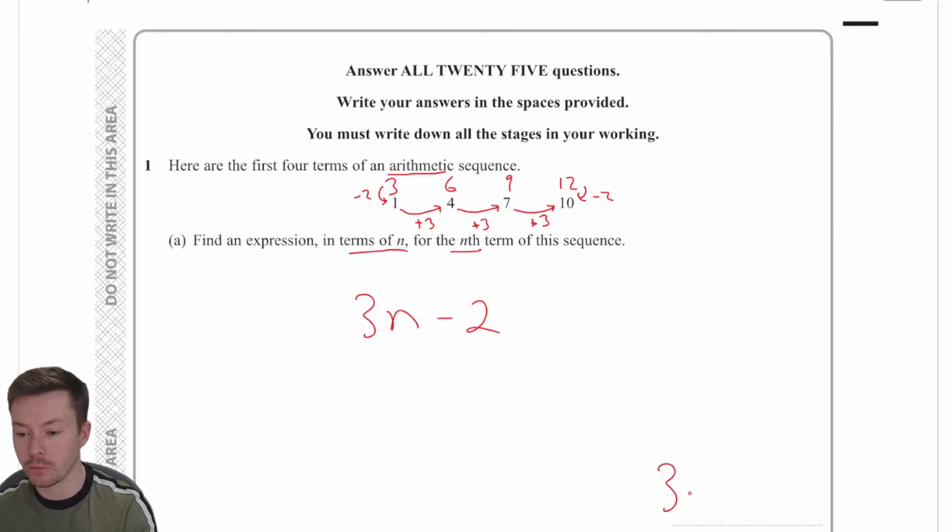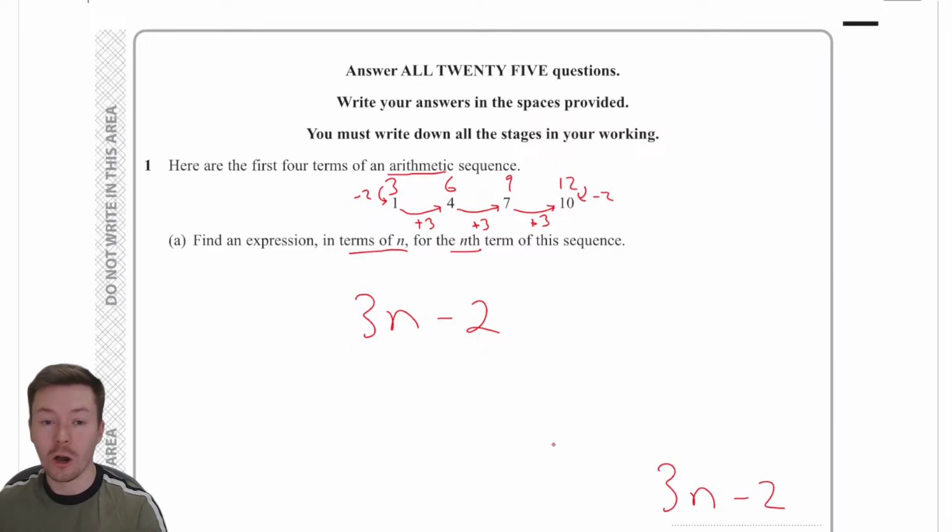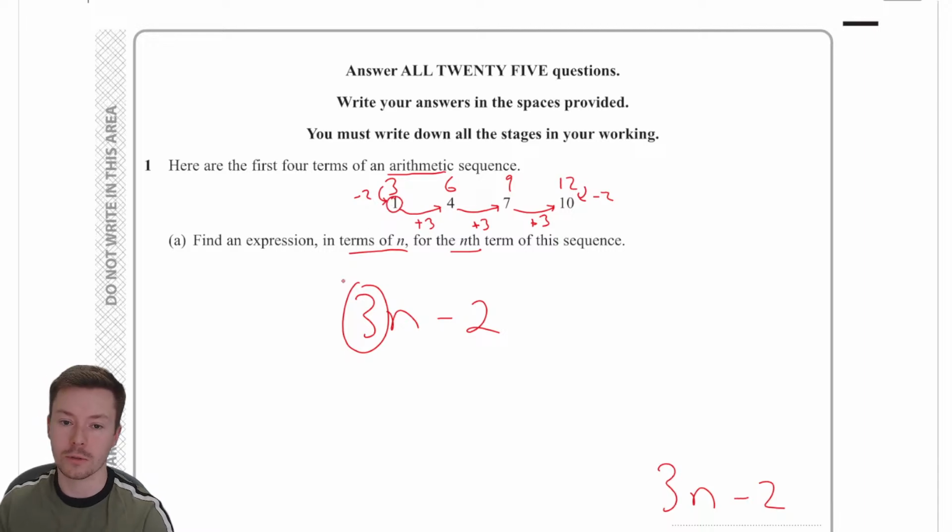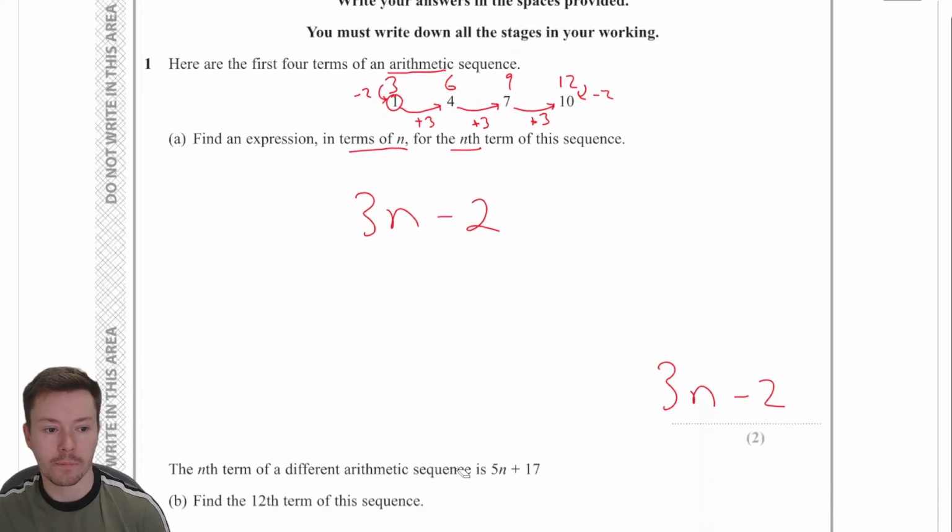In this case, take 2. So 3n, take 2. I always just think about the number in front of the n and think about the first number in the sequence, because I think that's just the easiest thing to do. So how do you get from 3, the first one, to the first term? You take 2. Okay, next one.